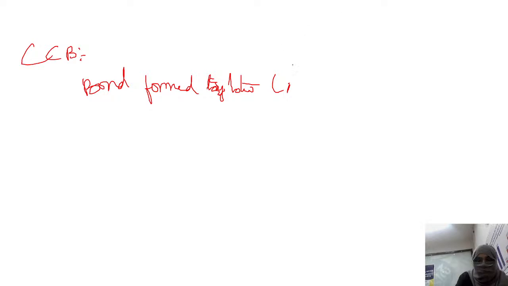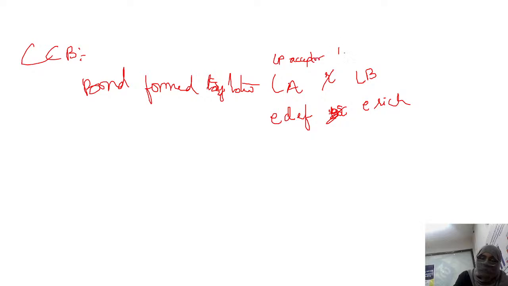The bond formed between Lewis acid and Lewis base, or electron deficient and electron rich, or lone pair donor, where acid is the acceptor. That's all about the coordinate covalent bond.